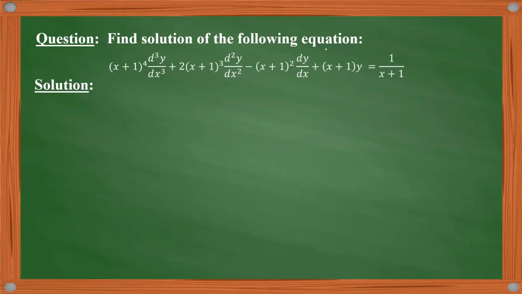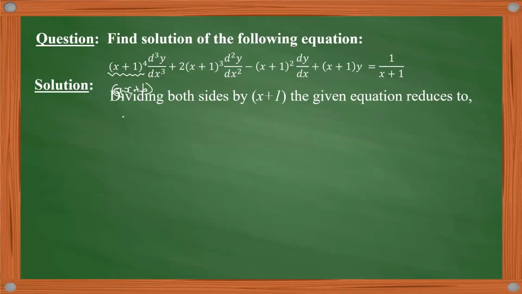We need to find the solution of this equation. From this part we can judge that it is a linear differential equation with variable coefficients. And since this variable coefficient is of the form ax + b, we can say that it is a Legendre's differential equation.